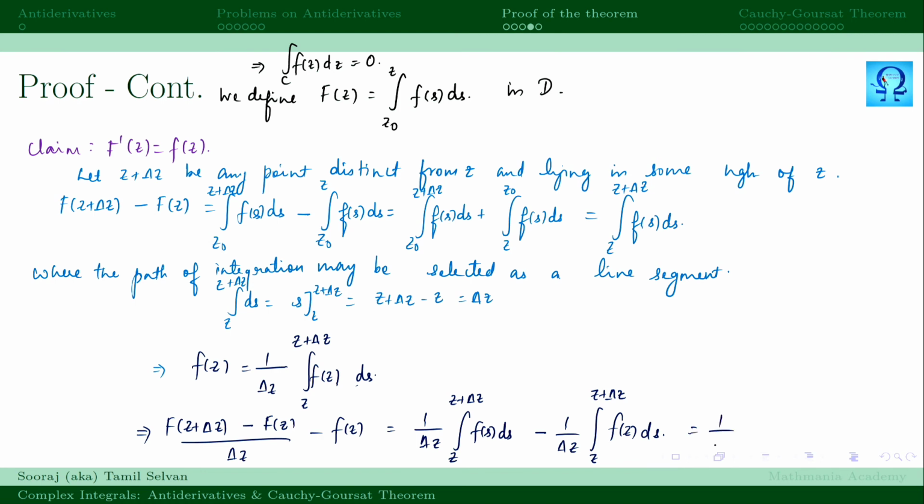So when you take these things as common and the integral limit is also common, this is what you are going to have: f of s minus f of z, ds.